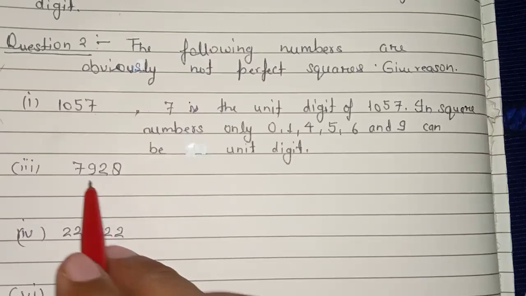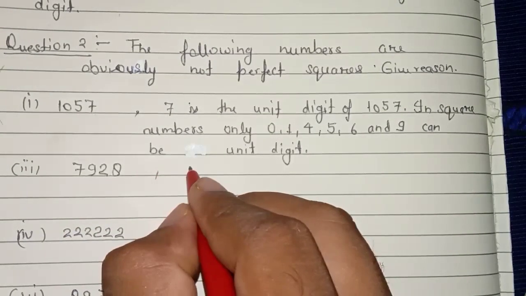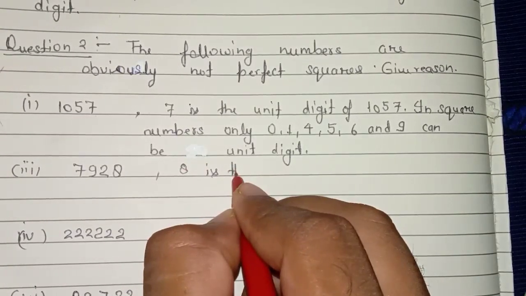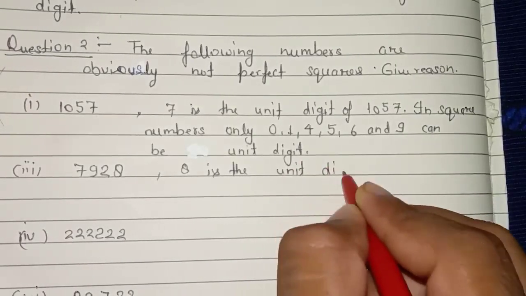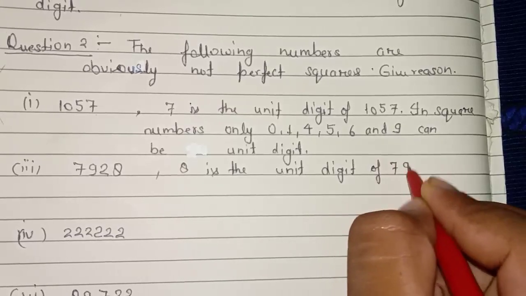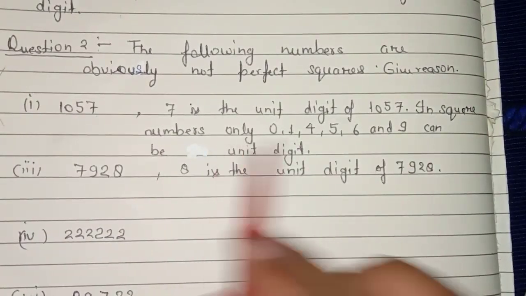In third part of the question, which is 7928, 8 is the unit digit of 7928, and in square numbers only you have to write the same line.